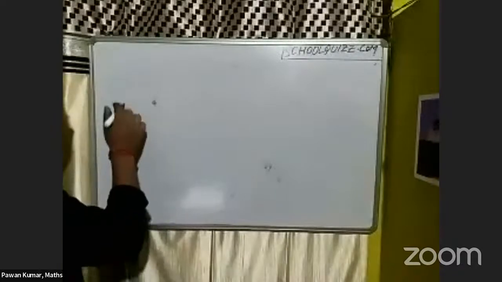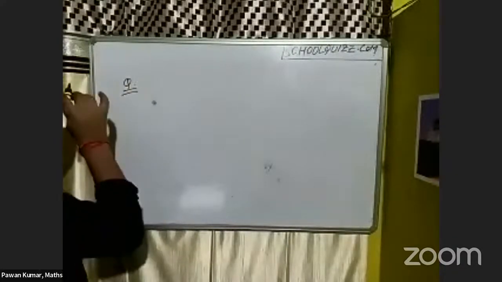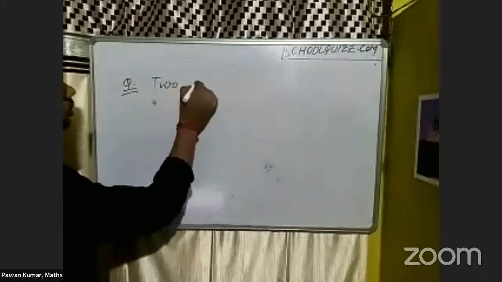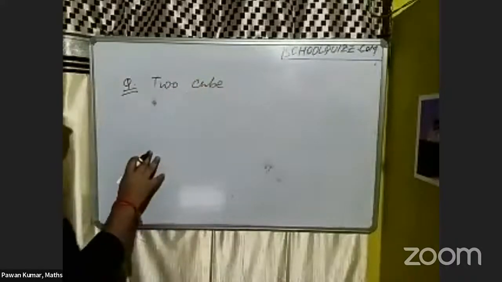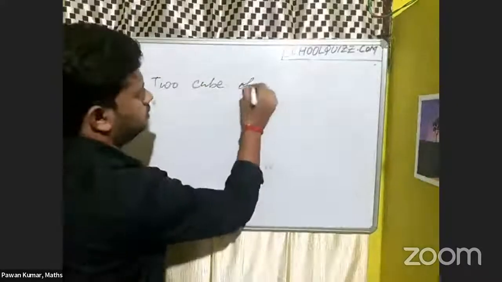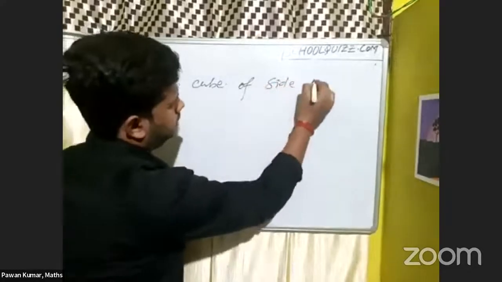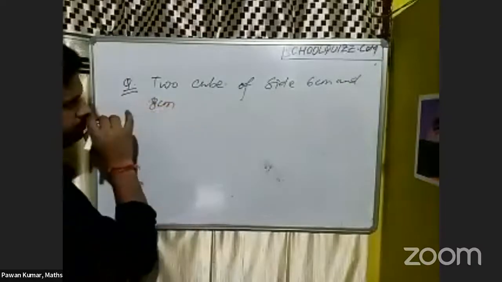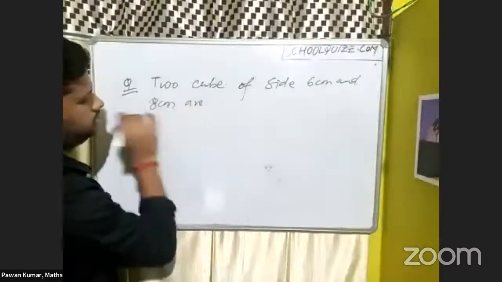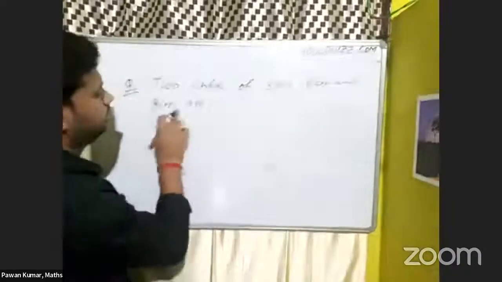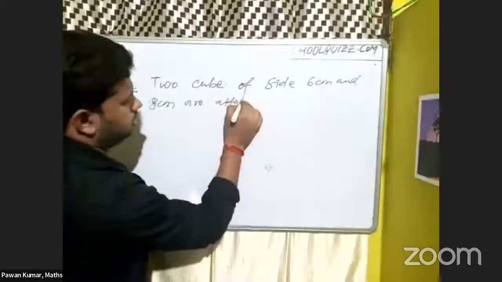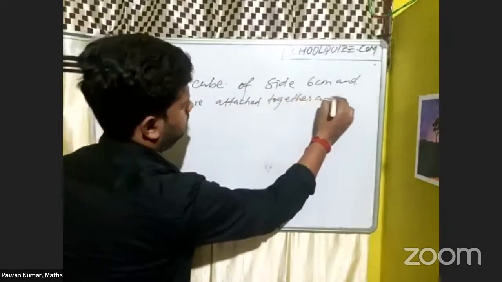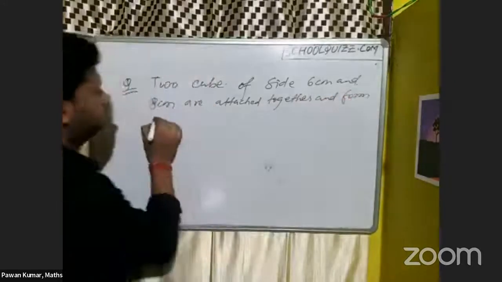Question: Two cubes of side 6 centimeter and 8 centimeters are attached together and form a cuboid.